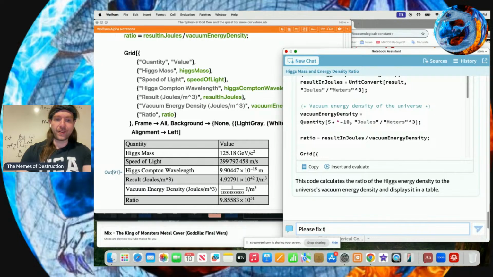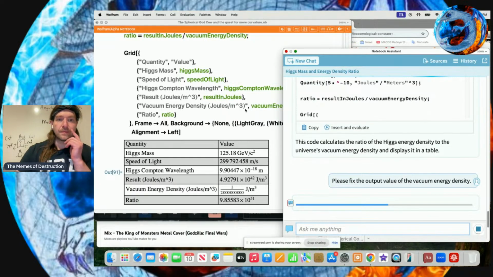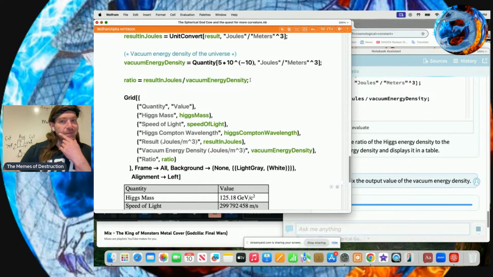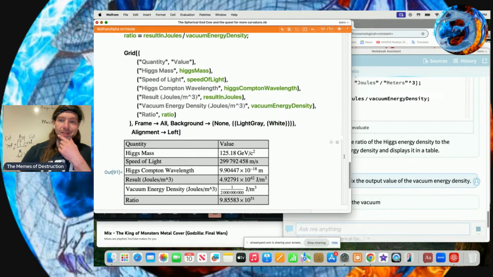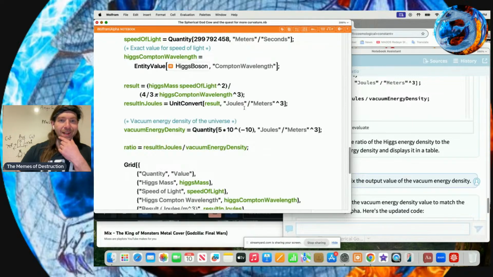Please fix the output value of the vacuum energy density. All right, this. Wait a second. I know how to do this.